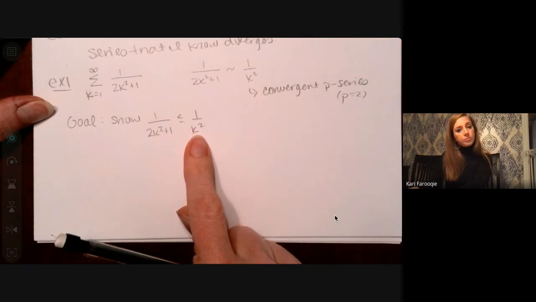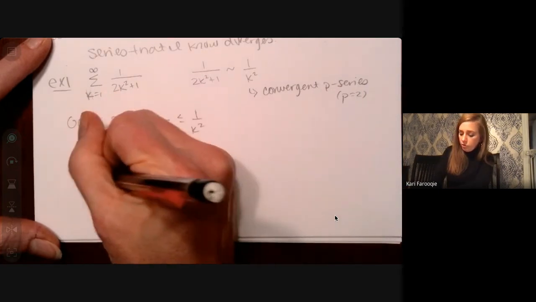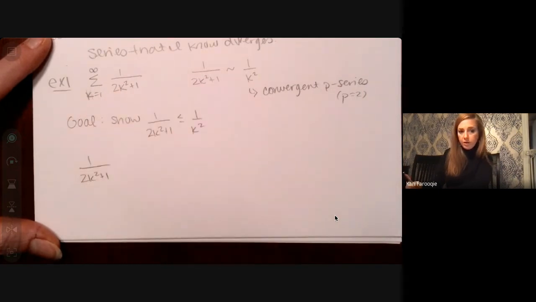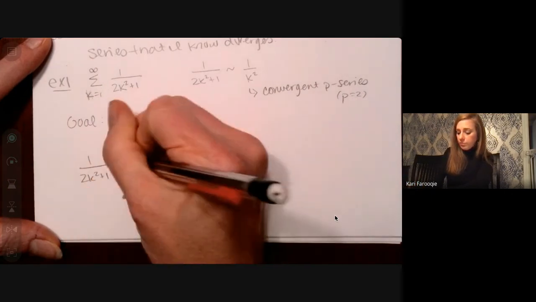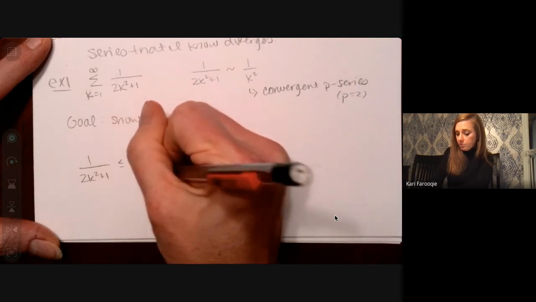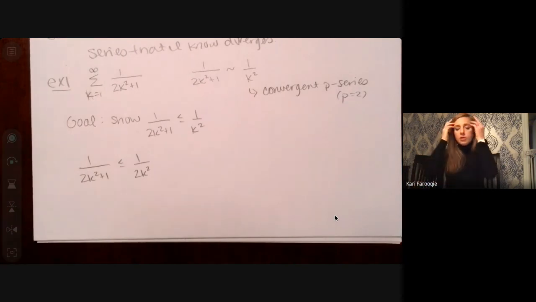And I think part of this we can easily show. So start at the beginning. 1 over 2k squared plus 1. We know that this has a larger denominator than this. Yes, okay. So this is the kind of reasoning that we're going to be working with a lot with these comparison tests.